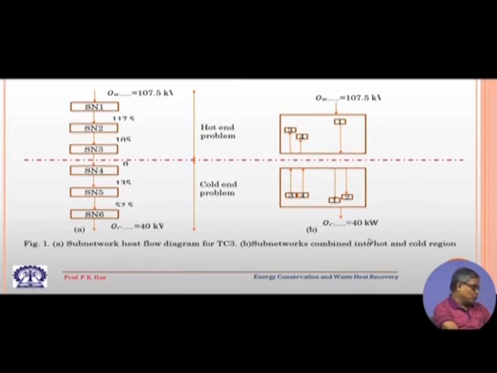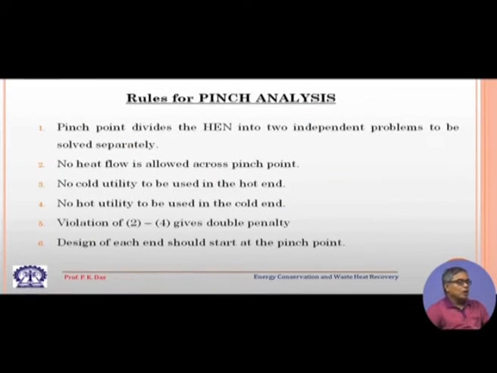So, hot end and cold end we are getting from these sub networks. With this, we now try to state certain rules. Whatever we have discussed, the pinch point divides the heat exchanger network into two independent problems to be solved separately. So, now these two problems can be solved separately.